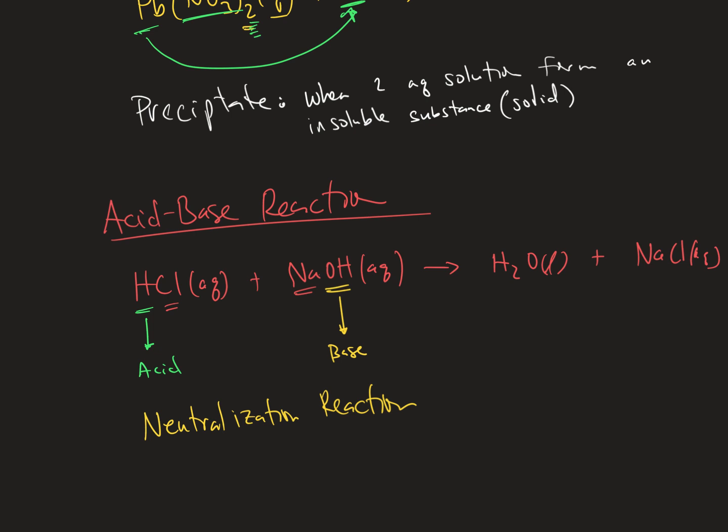These things dissociate, and then they say, hey, I want to hook up with that guy. So they come over here, hook up, and then they either don't hook up or they do. In this case, they do, and we get water. Do these hook up? No, they're still dissolved in water. They're still dissociated. We talked about dissociation, right?